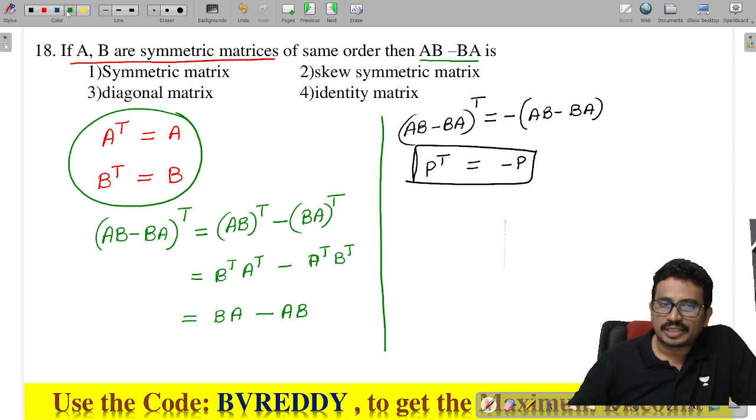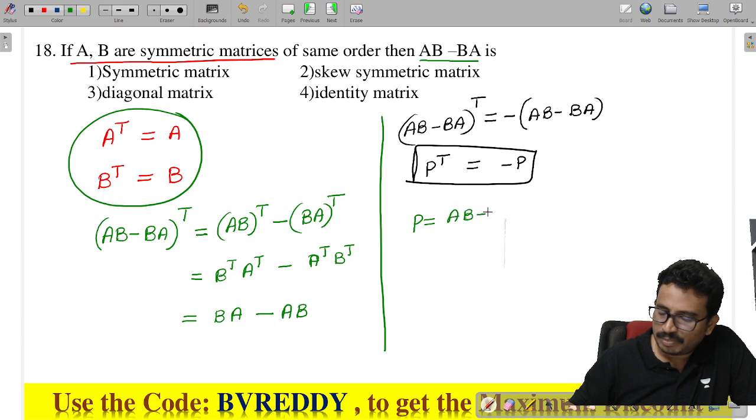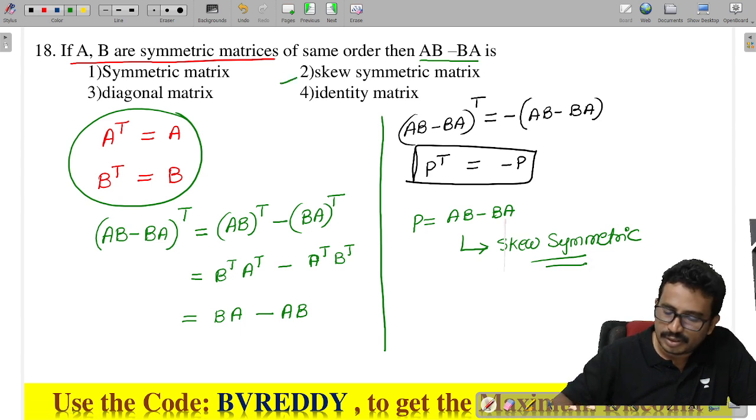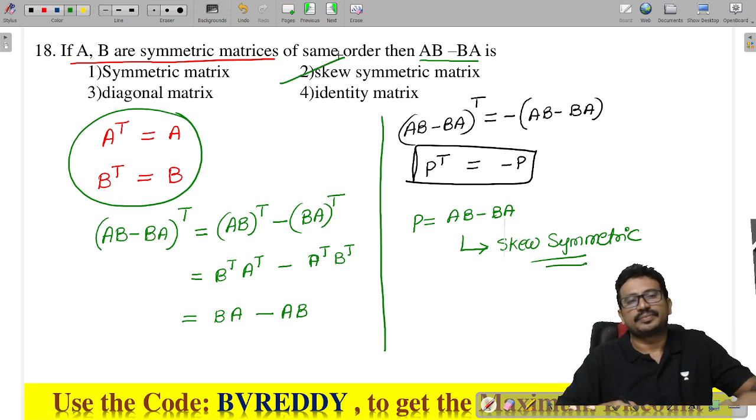So the P matrix, which is AB minus BA, what can I say? That is a skew symmetric matrix. So this is a skew symmetric matrix, so second option.